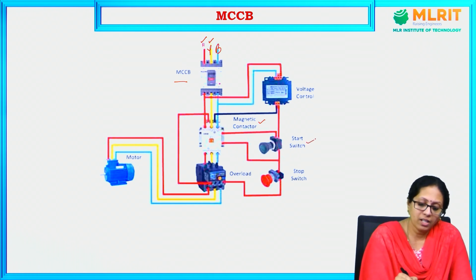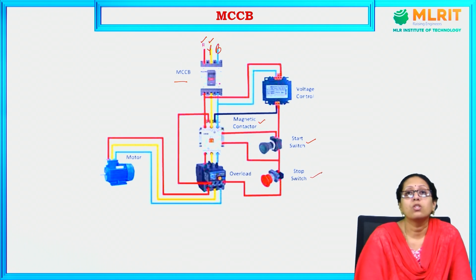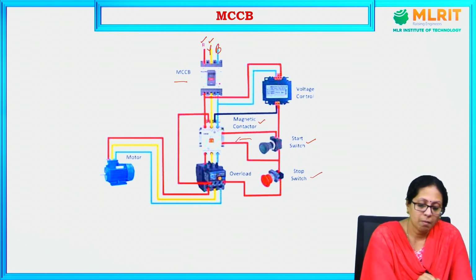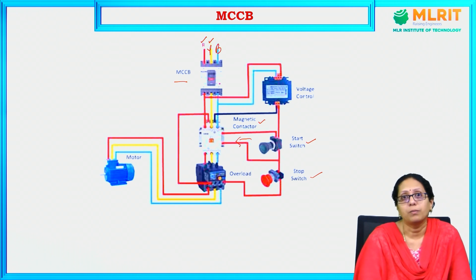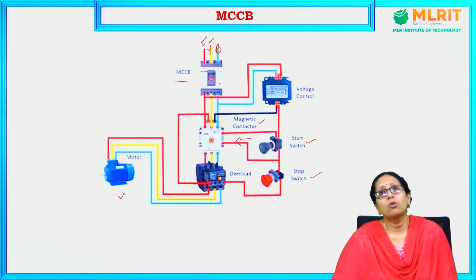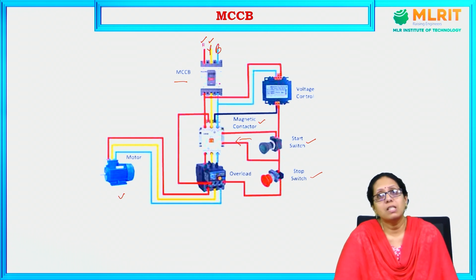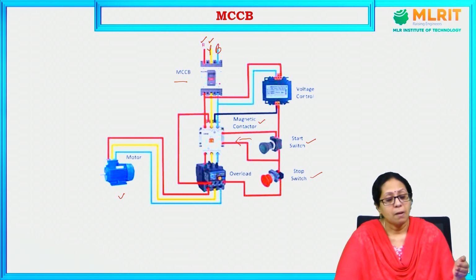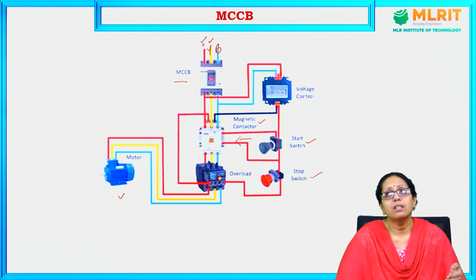Here you have a start switch and a stop switch, which is being connected to this magnetic contactor to operate the motor. So, to operate the motor, we need a MCCB as well as this magnetic contactor with a start and a stop switch for that.